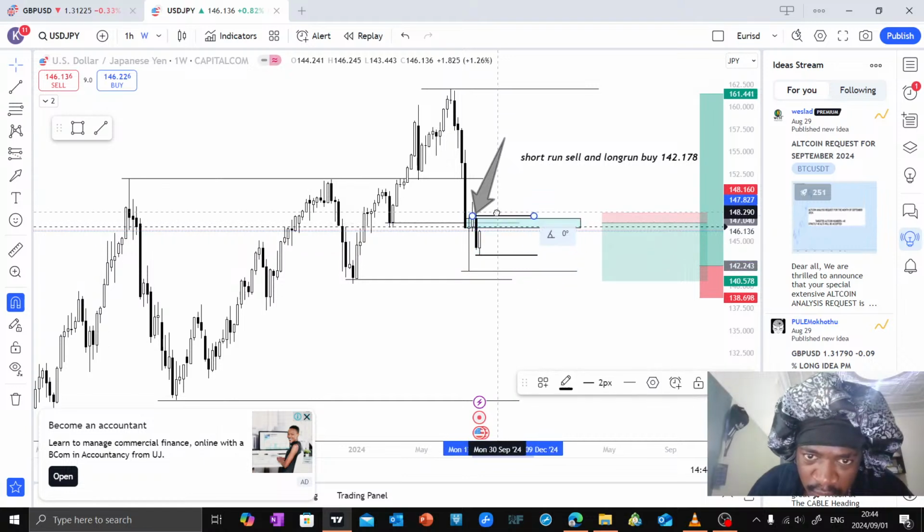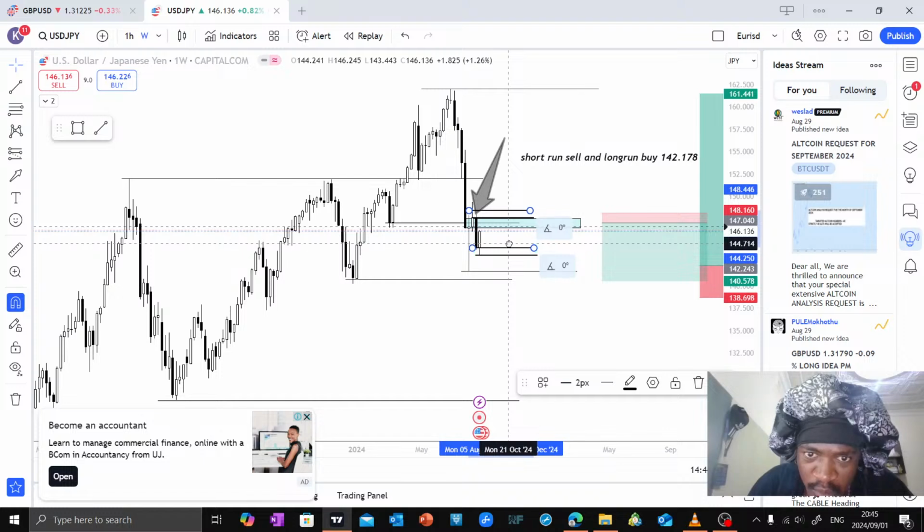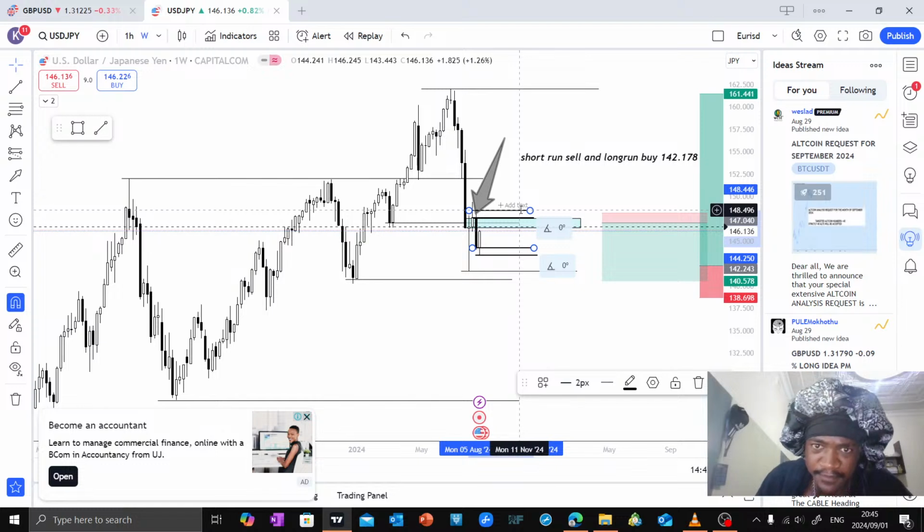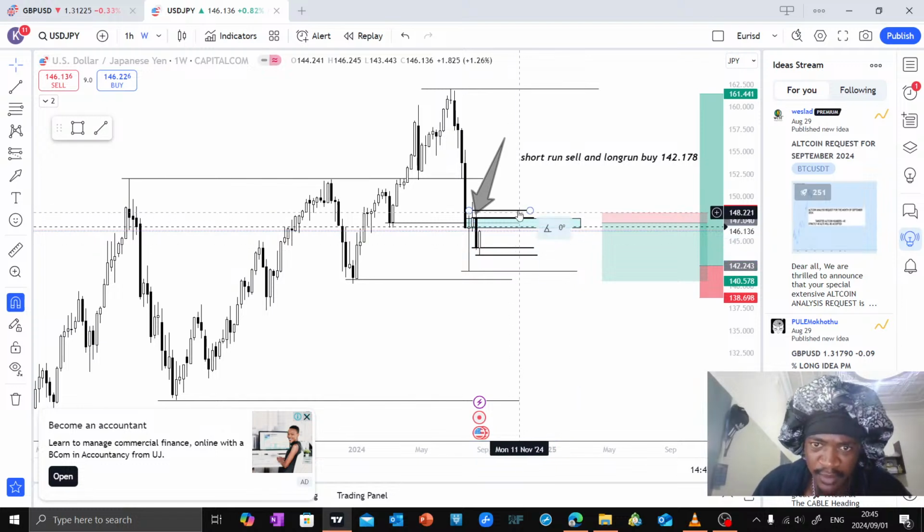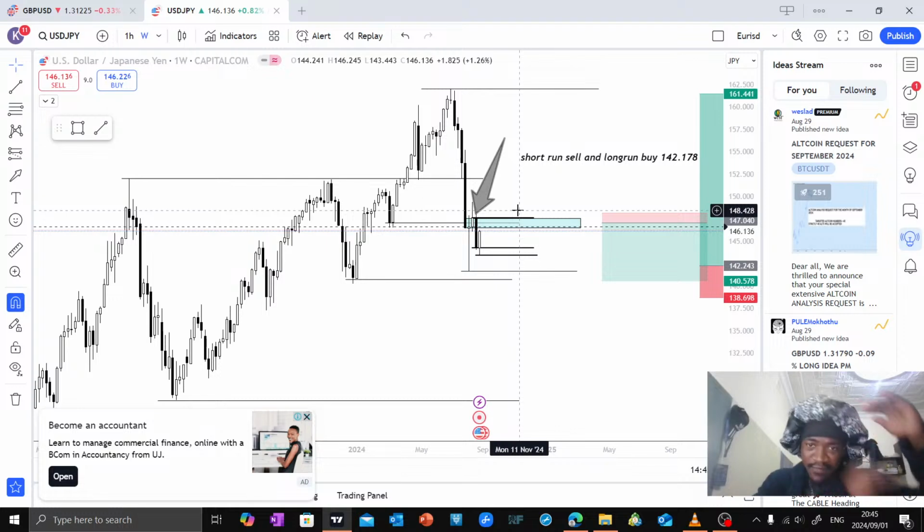So let's also mark off last week's high, which is there, and also this is the previous week's low, which was taken, so induced. So from a liquidity perspective, we have taken liquidity from the previous week, and we've used that liquidity to push to the upside.